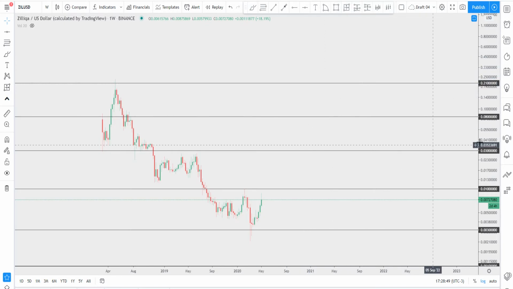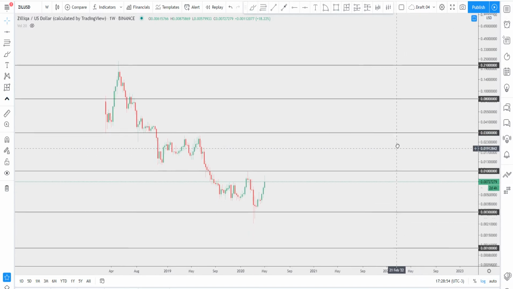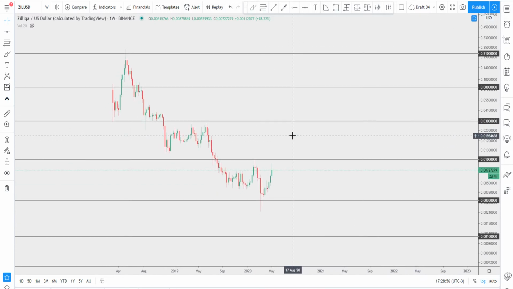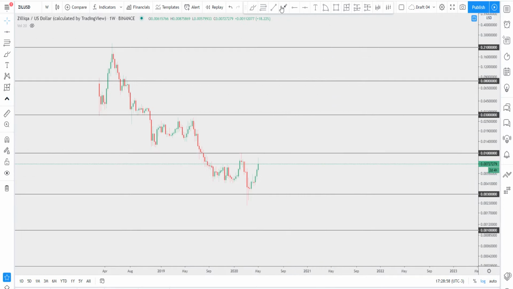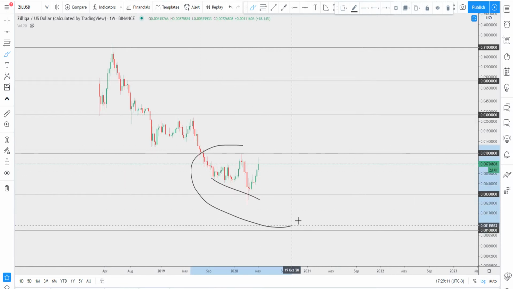Now let's take a look at the bottom. Here we have this bearish move. It's not 100% bearish, because we know that the bottom structure has to develop in any way.